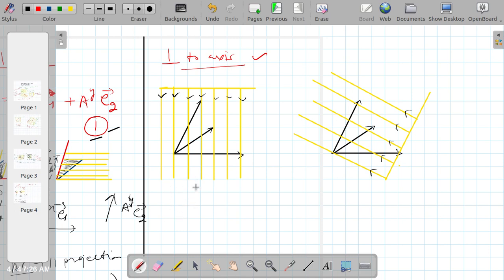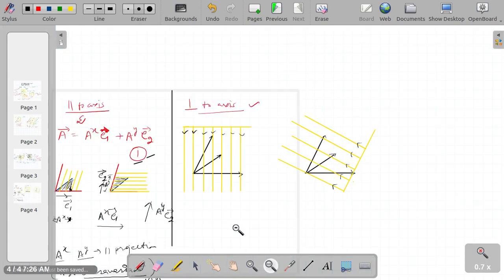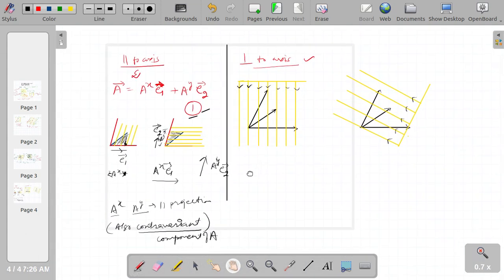Now, as I see the earlier diagram, if I compare with this, this direction is E1 vector, and similarly here this direction is E2 vector.